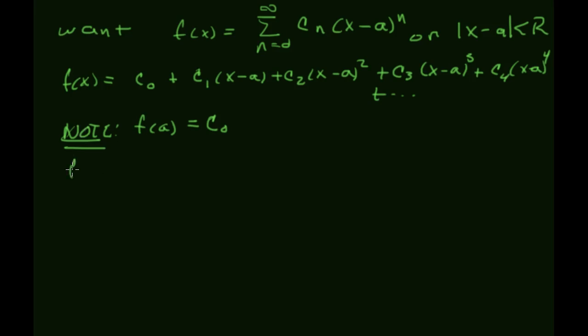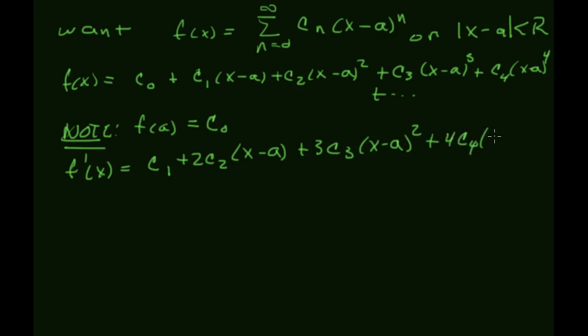So if I take the first derivative, I get f prime of x, right, is going to be c sub 1 plus 2c sub 2 times (x minus a) plus 3c sub 3 times (x minus a) squared plus 4c sub 4 times (x minus a) cubed, and so forth and so on. I want to note also that f prime of a happens to equal c1.